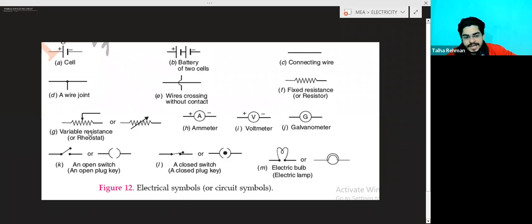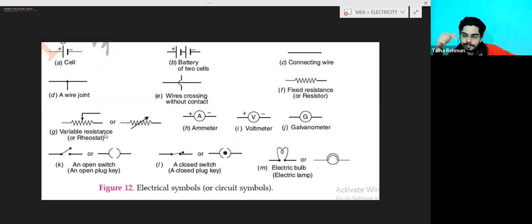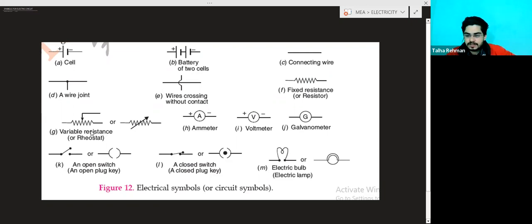This is the symbol of the variable resistance. Basically, there will be one experiment in your lab based on Ohm's law. For different potential differences, you will have different values of current, and on graph paper you will draw the graph and get a straight line. That you will do with the help of the variable resistance.